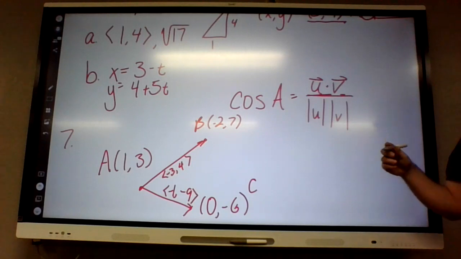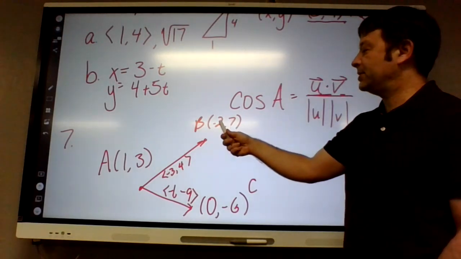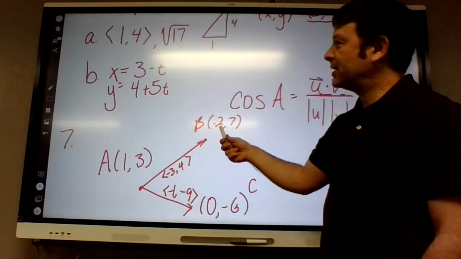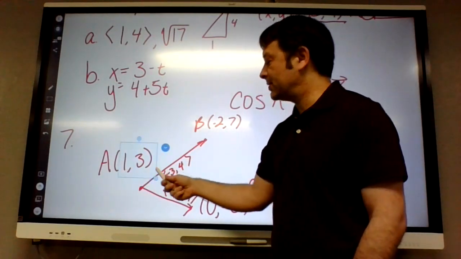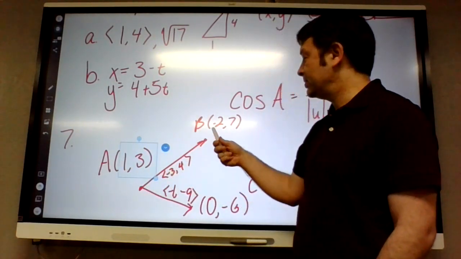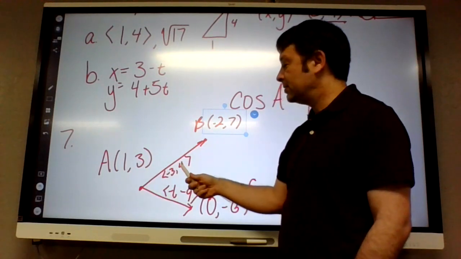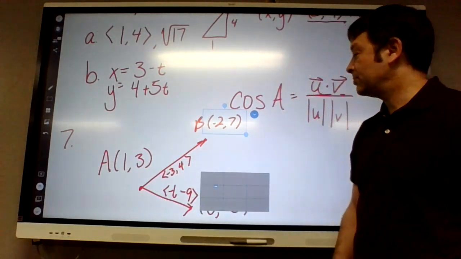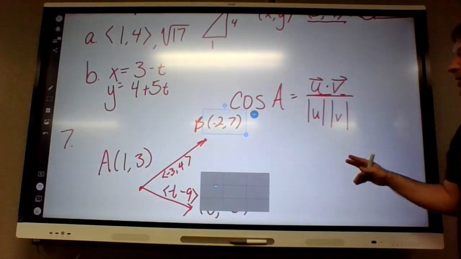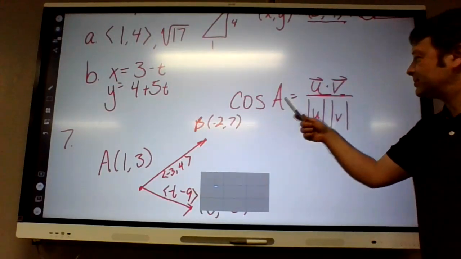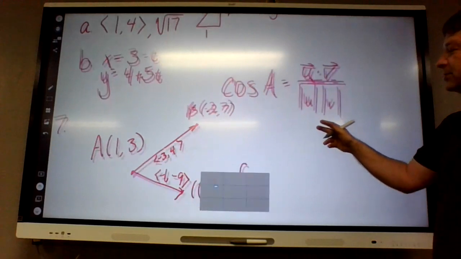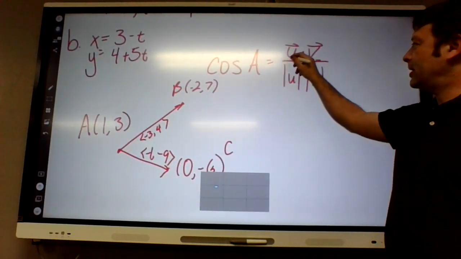If you're not sure what it is, you just do the second x coordinate minus the first x coordinate. That'll give you the x component. The second y coordinate minus the first y coordinate. That'll give you the y component. Then we're going to use those two vectors and do the dot product.